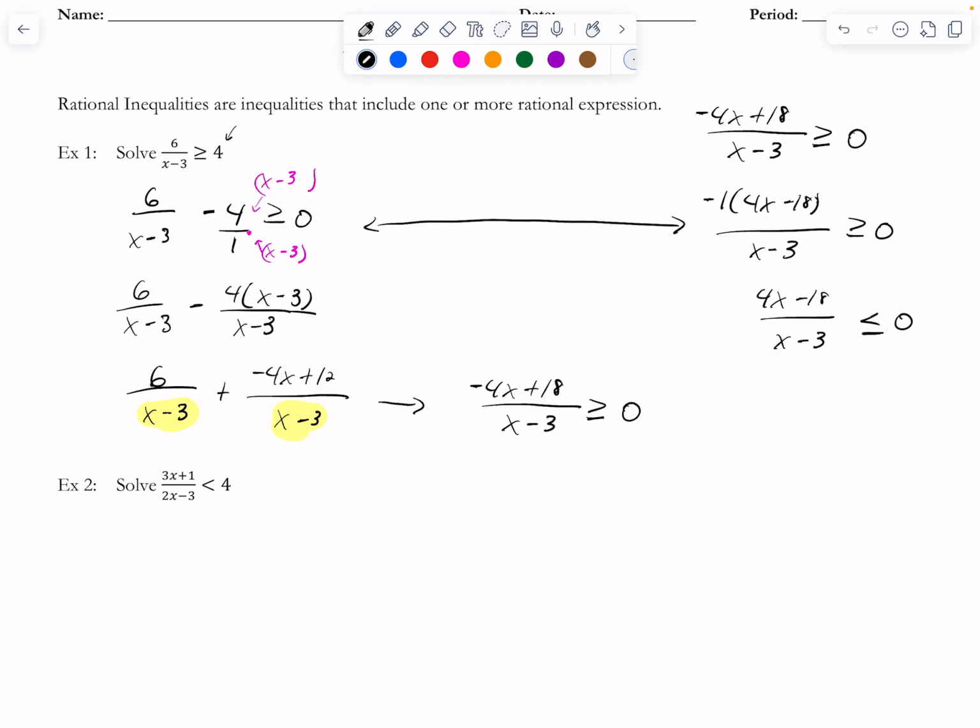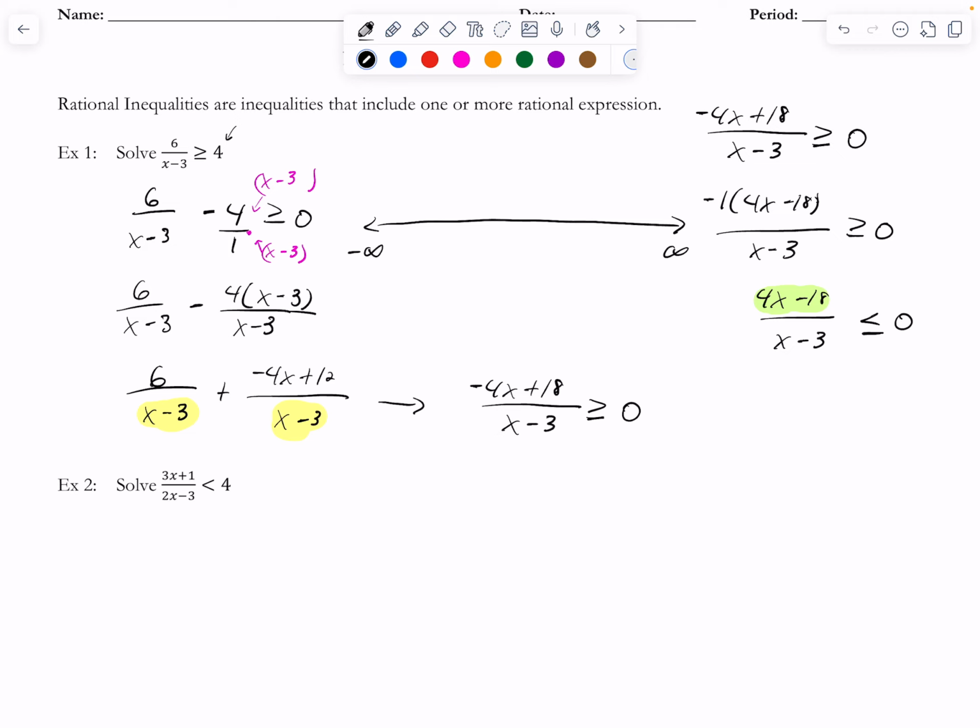Where I have negative infinity going to infinity. And in this case, I have two things that I care about. I care about what's happening in the numerator, because if you remember from our notes on graphing, if we make the numerator become 0, that's going to be an x-intercept.